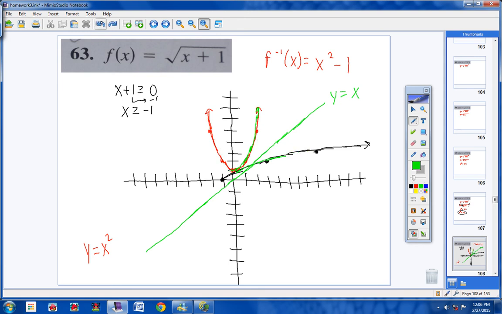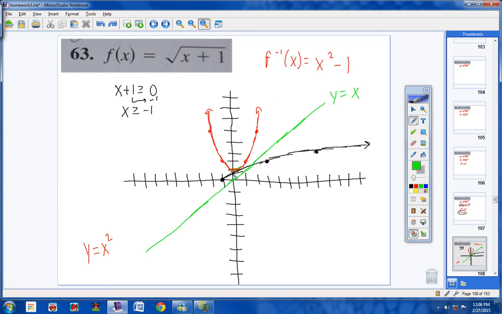So if you're going to put down that this is the inverse function of this function here, then you better give a domain. You better say that it is the inverse of this function over here for the following domain.